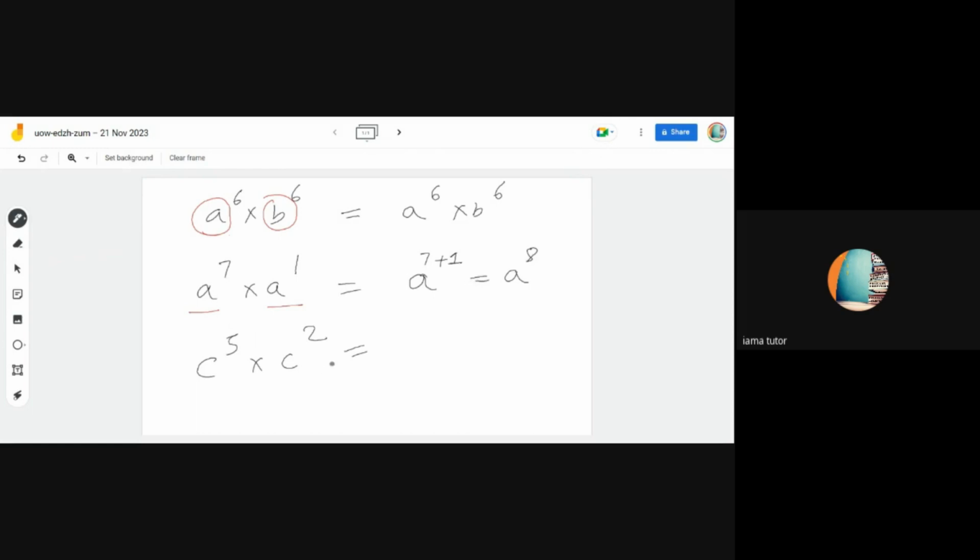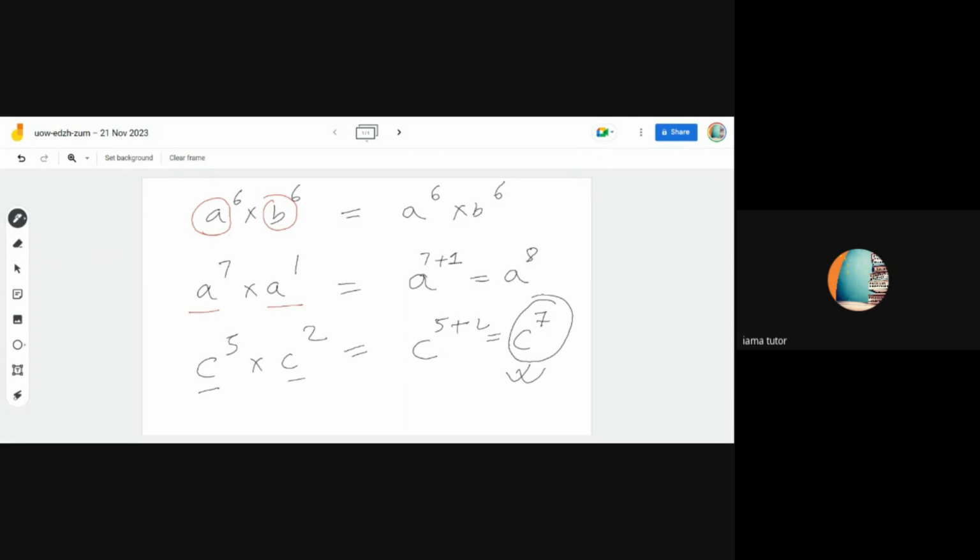Now third, again you have the same base, so you keep the base and add the powers, so your answer will be c power 7. This is how you deal with multiplication of indices by using the multiplication law.